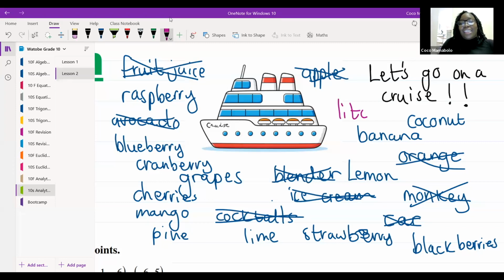You guys can see, if you check it out, apple can't come because apple starts with a vowel. Orange can't come because it starts with a vowel, right? Avocado can't come because it starts with a vowel, but all the other fruits that can come start with a consonant instead of a vowel.